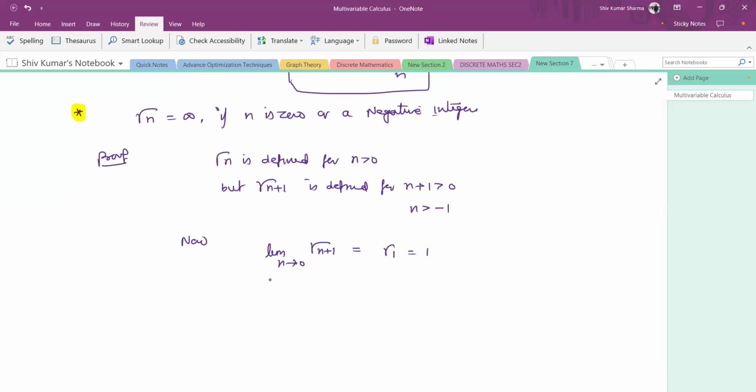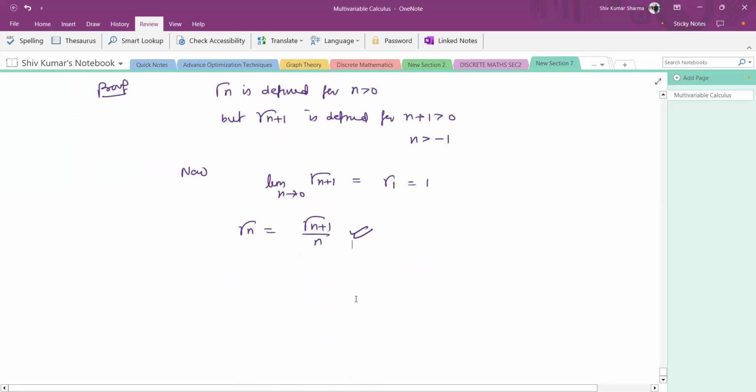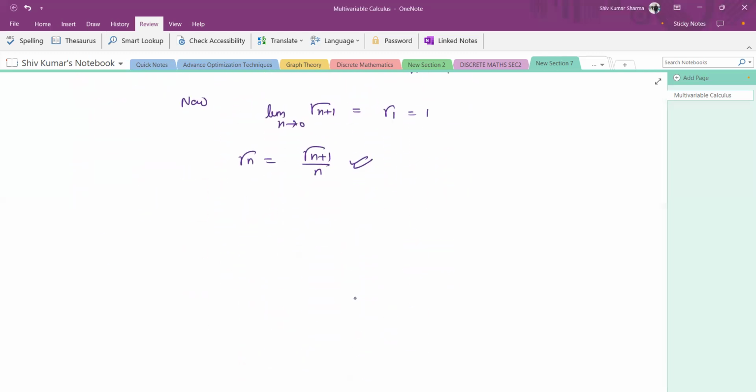Now the formula is given as gamma n is equal to gamma n plus 1 upon n. So we use this formula here, as we have already discussed above. Here we put n tends to 0 in the above formula.